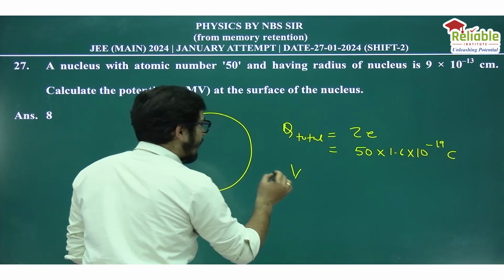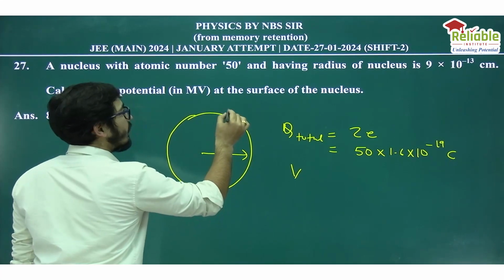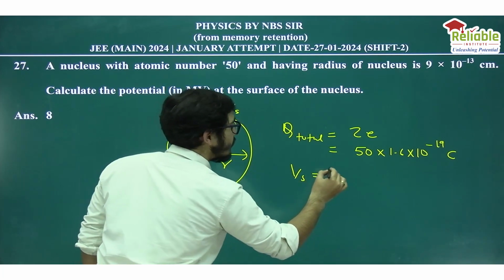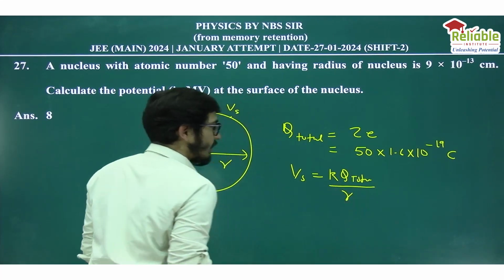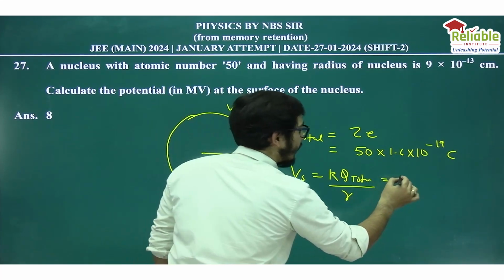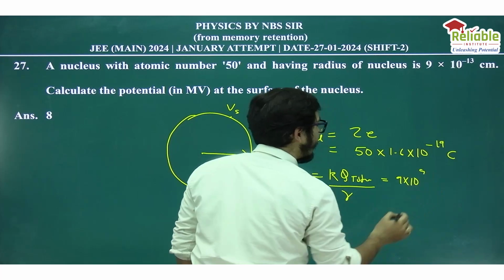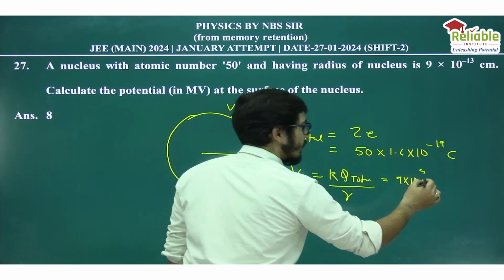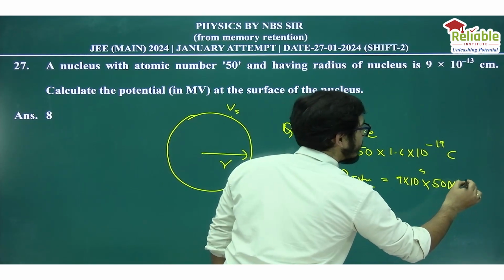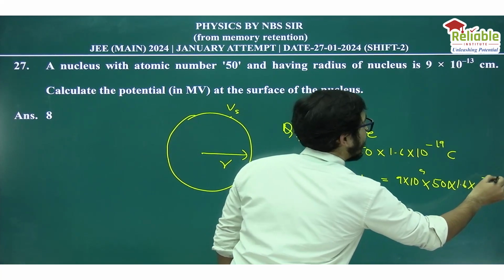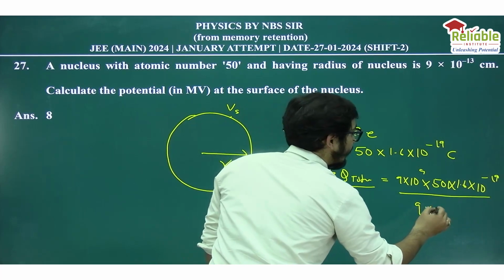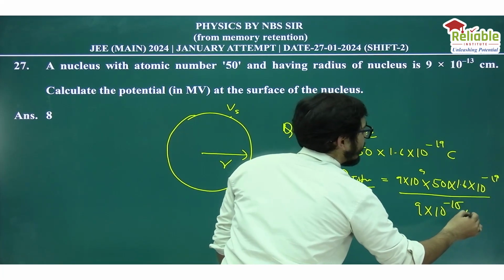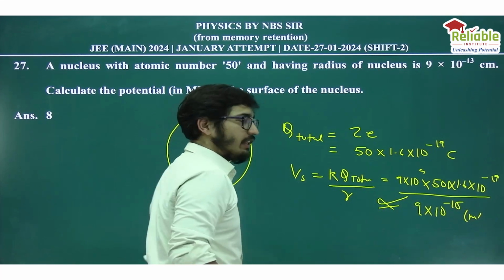The formula I will use to calculate the potential at the surface is KQ total divided by radius. Let's place the values. K we already know, 9 into 10 raised to power 9. Charge given to us is 15 into 1.6 into 10 raised to power minus 19, and R is 9 into 10 raised to power minus 15 meters. You solve this, you will get the answer.